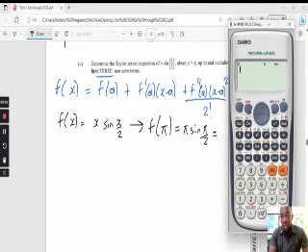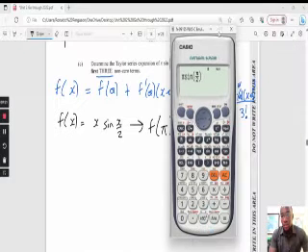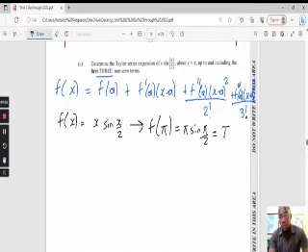Even though we know sine of pi over 2 is 1, just for safety, put it in the calculator anyway, radians, plug it in, so we get pi. So this is now pi.